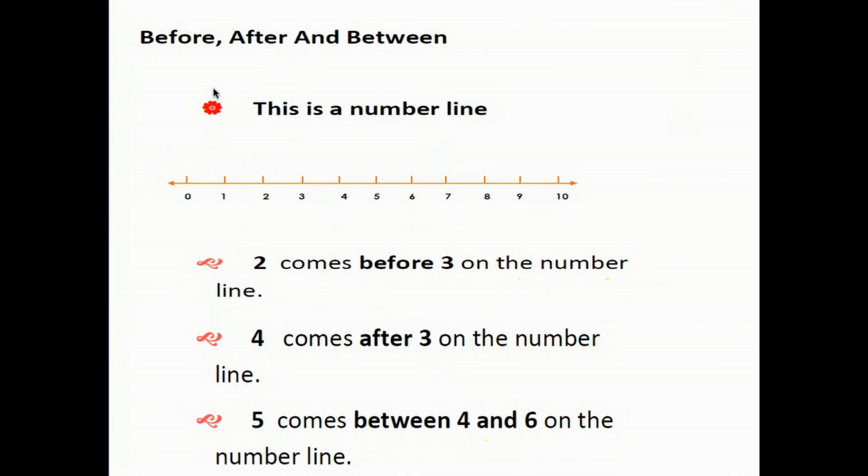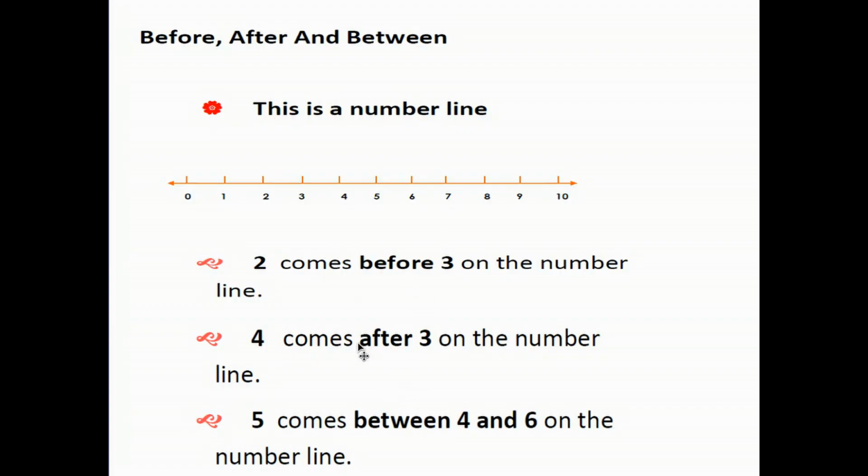Here you also have order of numbers, the numbers that come before, after, and in between. Order means the arrangement of the numbers. This is a number line. On this number line, we'll see with examples what numbers come before, after, and in between.